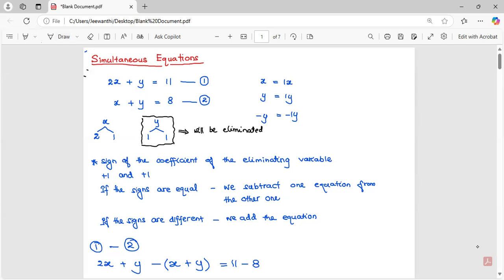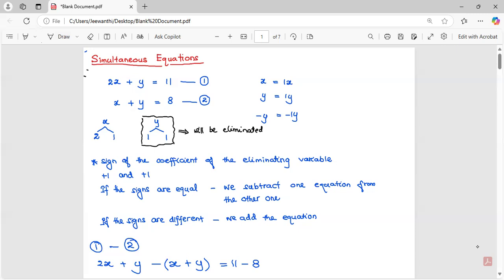Therefore, we subtract one equation from the other, and there is no hard and fast rule whether you subtract 2 from 1 or 1 from 2. But here I decided to subtract 2 from 1 because I can see the x value is higher in equation 1. 11 is bigger than 8, so it's easier for me to subtract 2 from 1.